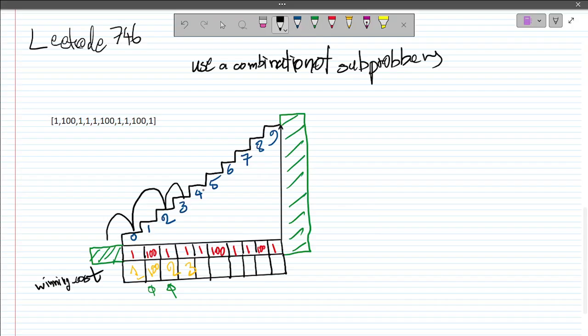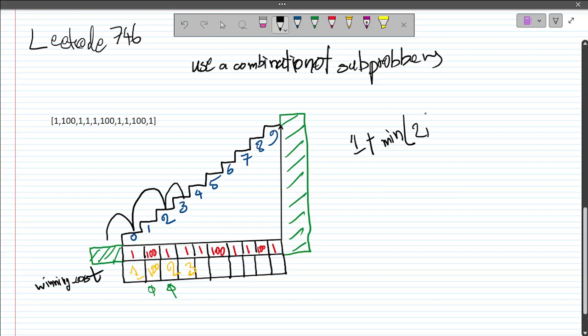Okay, think about step 4. How much do you have to pay at step 4? You have to pay just $1. Okay, so you pay the $1. Now, where do you come from? Are you allowed to come from step 3? So minimum of, let's take this one. The minimum cost of coming to step index 2 is 2. The minimum cost of coming to step index 3 is 3. Huh, that's nice.